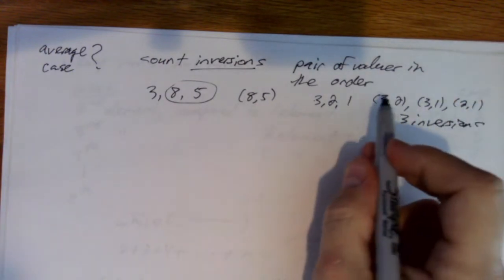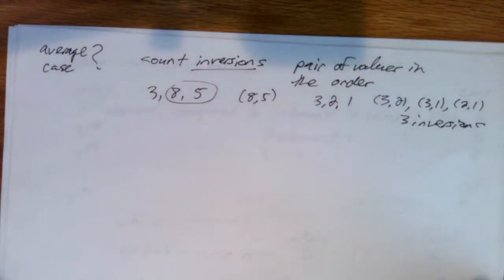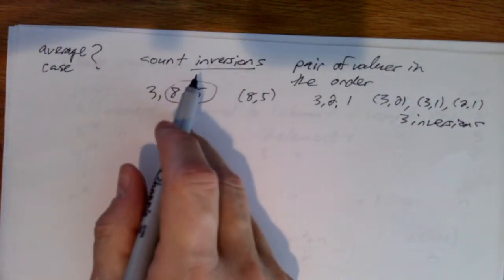That is, there's 3 pairs of values that somehow we have to fix by swapping them. So what we're going to do is count inversions.